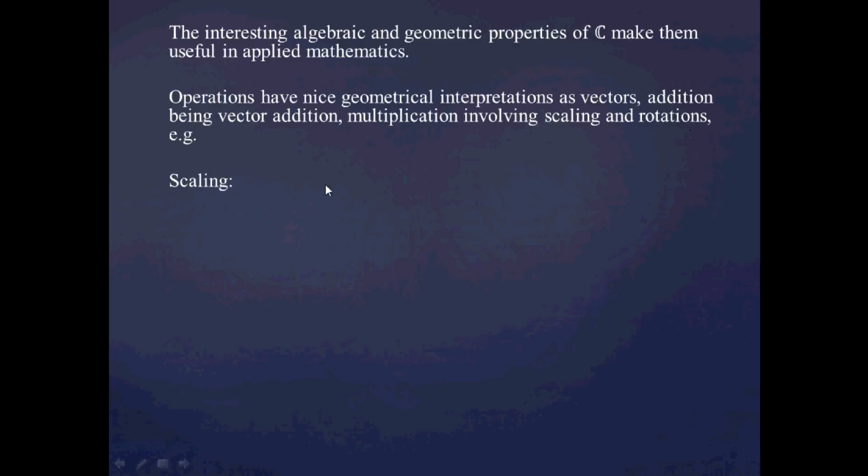Let me give you an example of a scaling operation. So let's say I had the complex number (a, b), and I multiply it by (2, 0). Now this object (2, 0) is very similar to the object 2 in the real numbers. And what happens when I multiply by it? I get the vector (2a, 2b). So what's the relation between (2a, 2b) and the starting element, (a, b)?